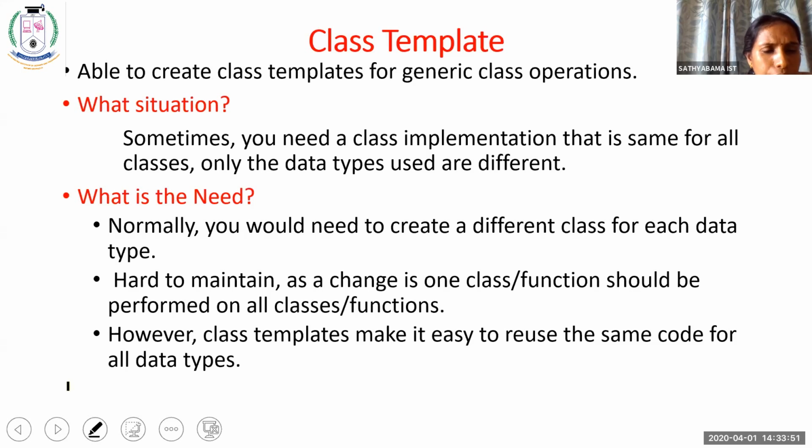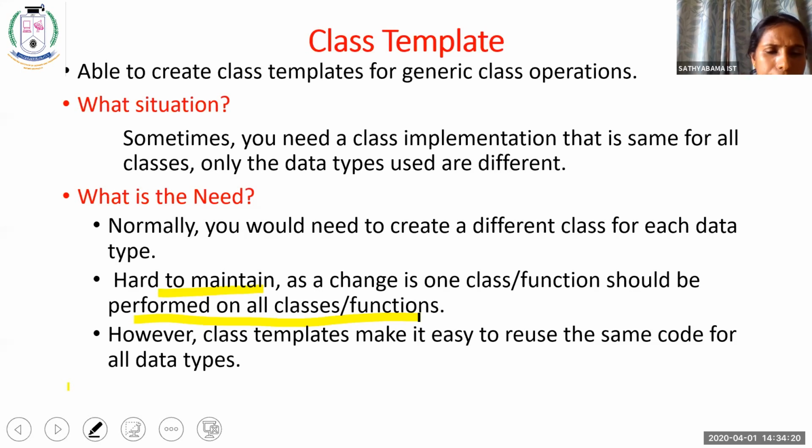So if you're not using the class template, what will happen? It is very, very hard to maintain your entire code, correct? And if you're doing any changes, those changes will have to be performed in all classes and functions. It is repeated code, repeated again and again. So if you're doing any change in one class and function, that will have to be repeated in all the repeated code.